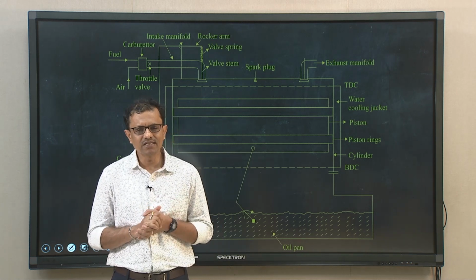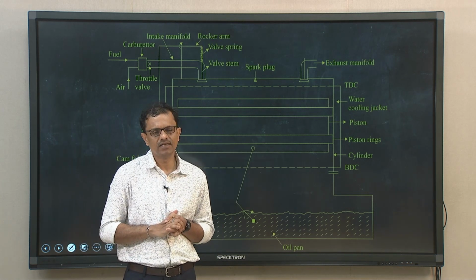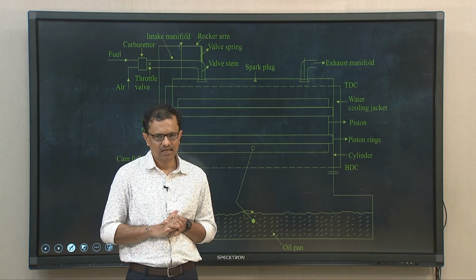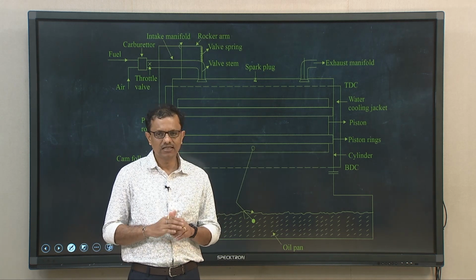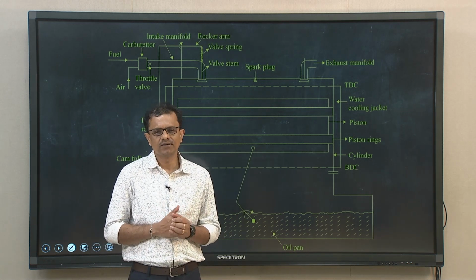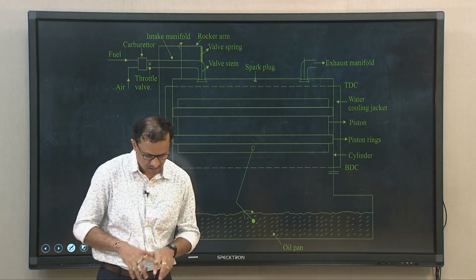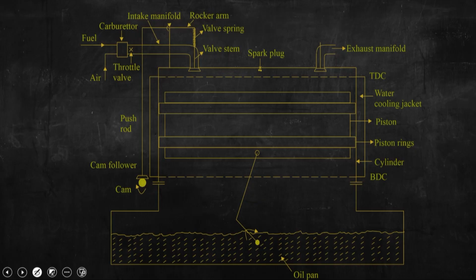We have seen this schematic depiction in our previous two classes, but today we shall discuss this in a little more elaborate way. So, what we can see is the schematic depiction of a spark ignition engine, because you can see the spark plug is there.